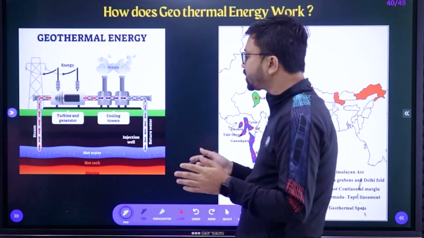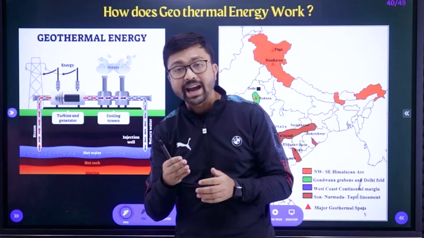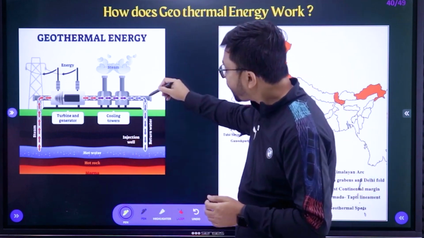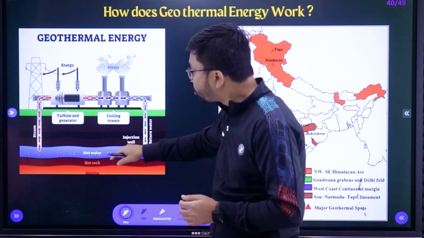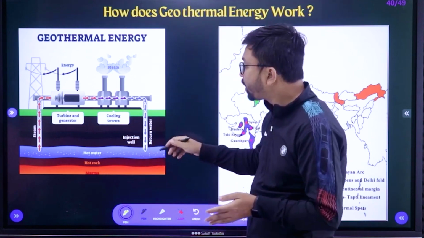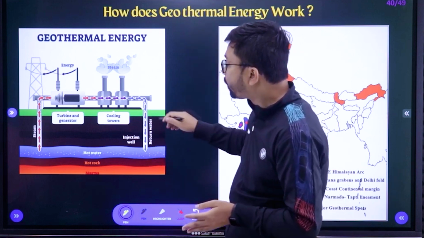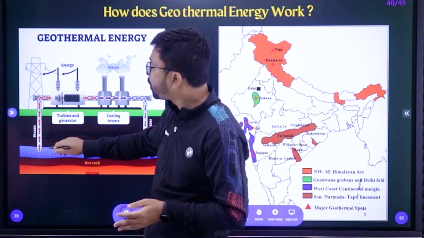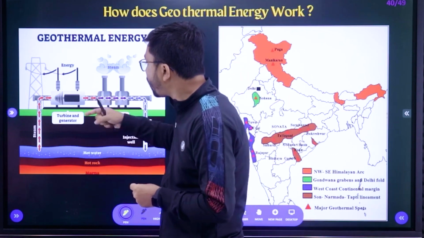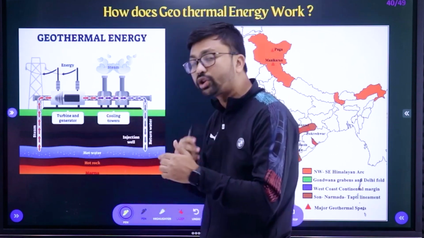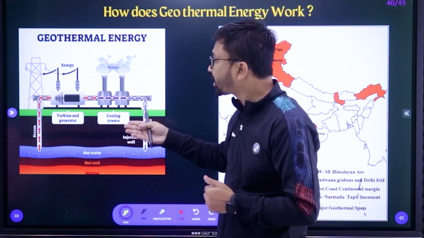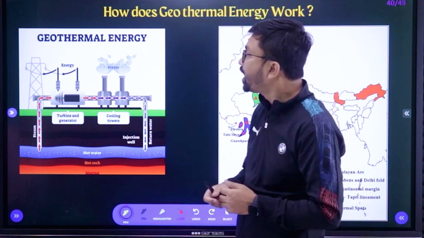Geothermal energy, the process is very simple. We will utilize the temperature of the interior of the earth. Through a pipeline you put water, and due to the magma chamber or hot rocks, the water starts evaporating, and this water in the form of steam, when it comes out, generates force, and with that force it starts the turbines rotating, and from the rotating turbines we will be able to generate electricity.